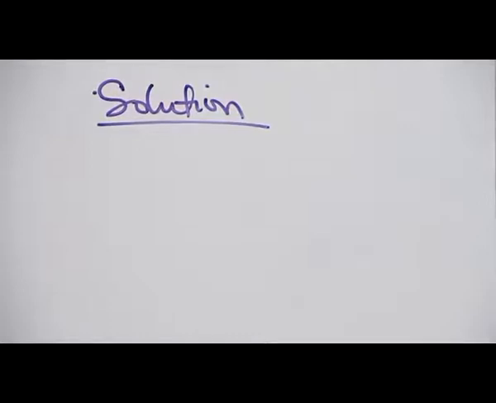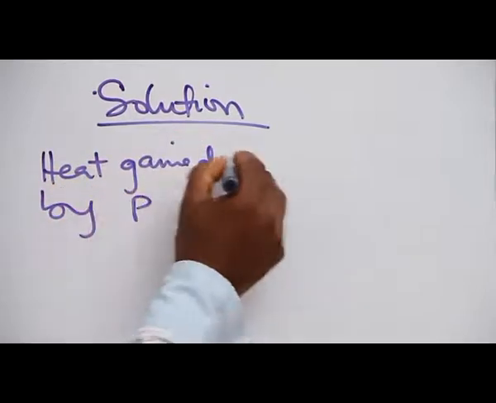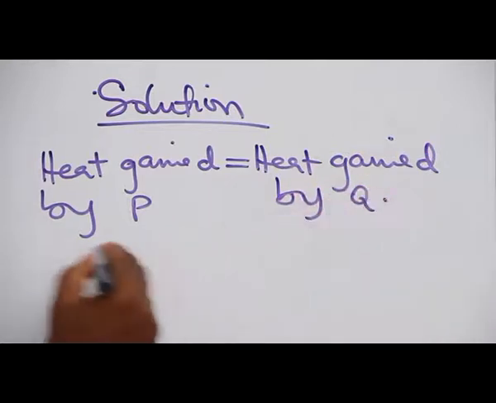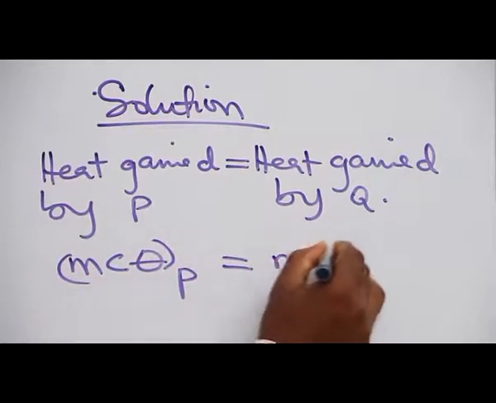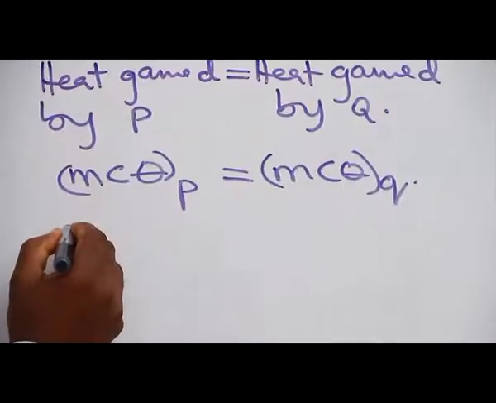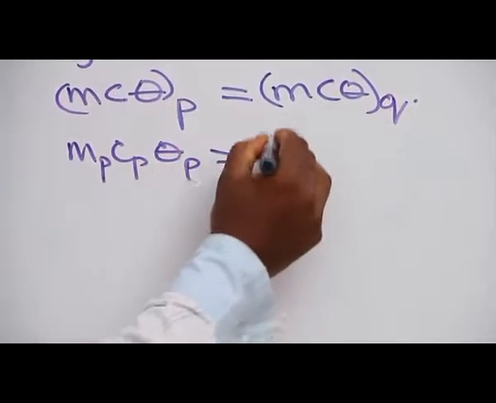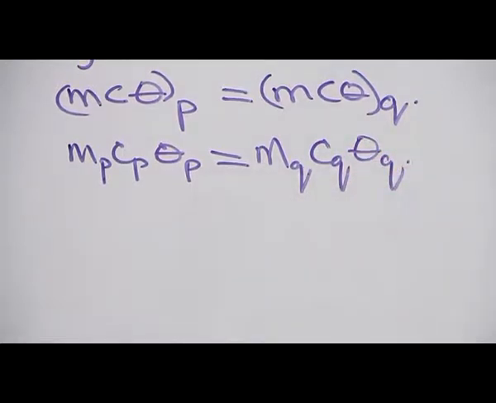So the heat gained by P is exactly equal to heat gained by Q. And to calculate heat gain, we use mcθ for P and mcθ for Q. So that means MP times CP times change in temperature of P must be equal to mass of Q times specific heat capacity of Q times change in temperature of Q. Let's relate this to the other information from the question.